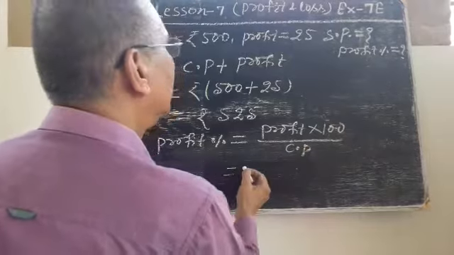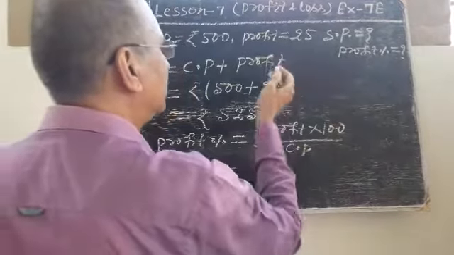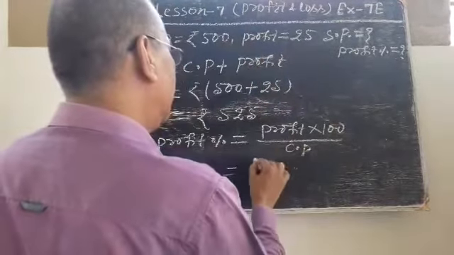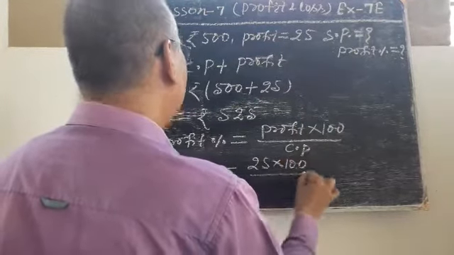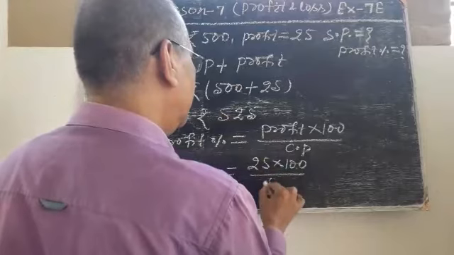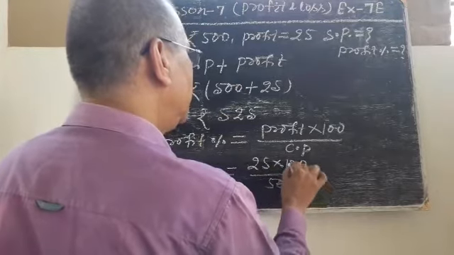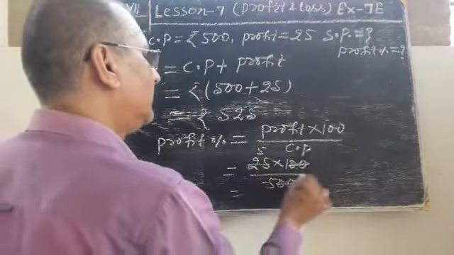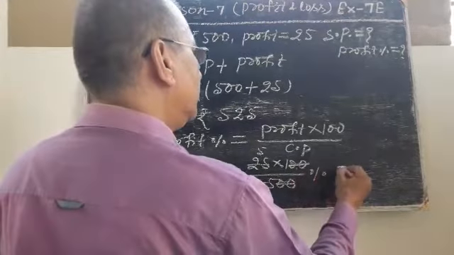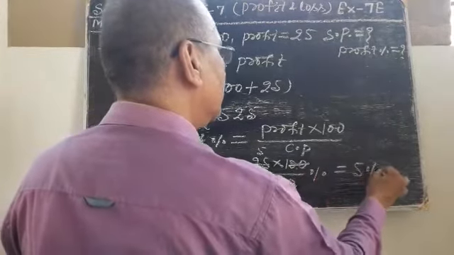So this is equal to 25 into 100 by 500. 20 cancels with 500, and 5 into 25 is 5 times. So this is equal to 5%.